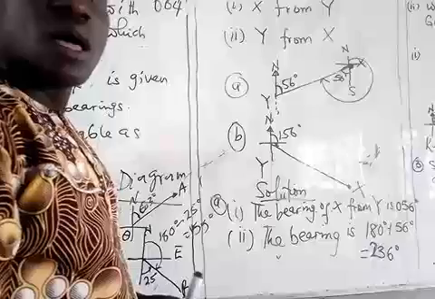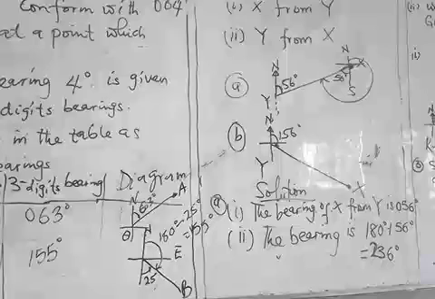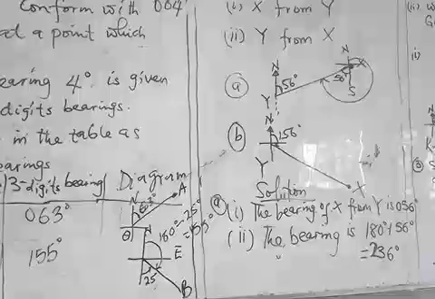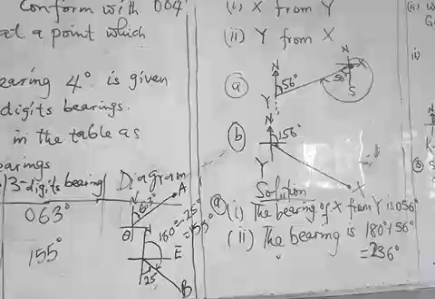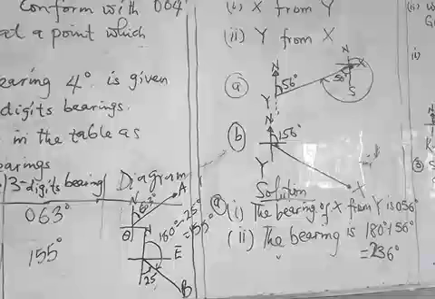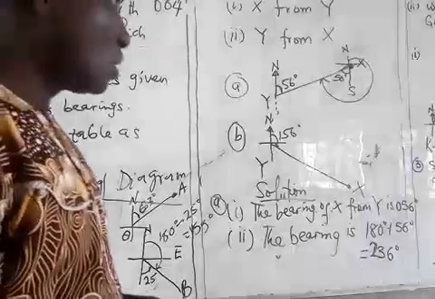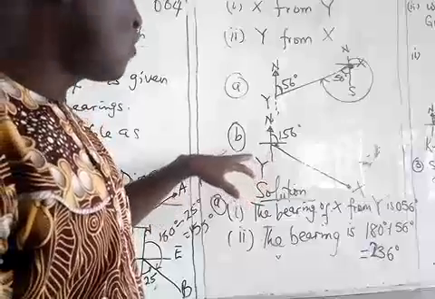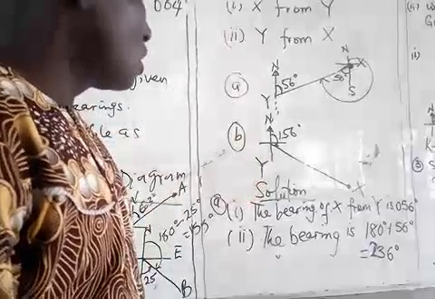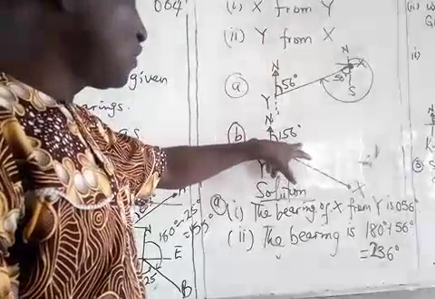So, from here, if you look at the diagram B, the bearing of x from y is 156 degrees.